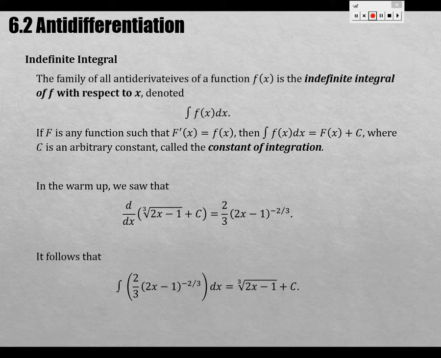It's a whole family of things that when you take the derivative of them give the function that you're interested in, because you run these things backwards. This follows almost immediately from the fundamental theorem of calculus, but we'll say more about that in a second.